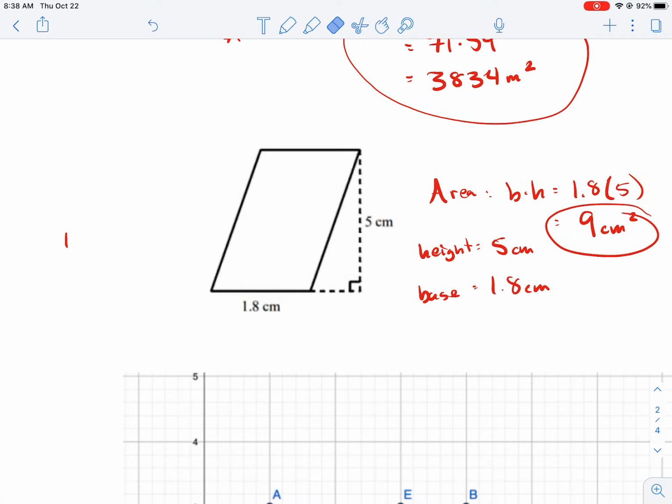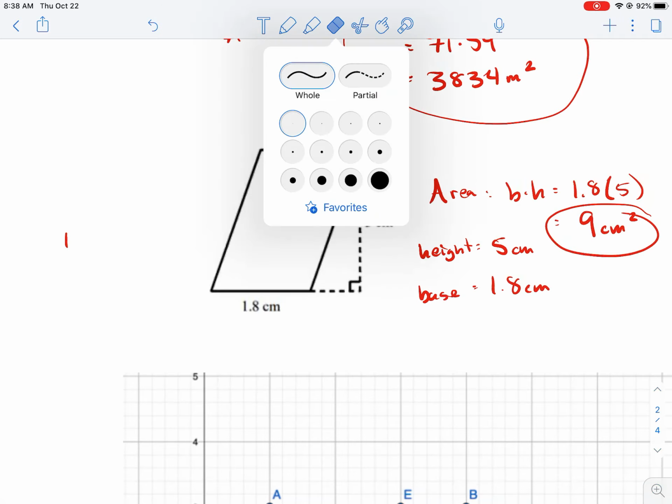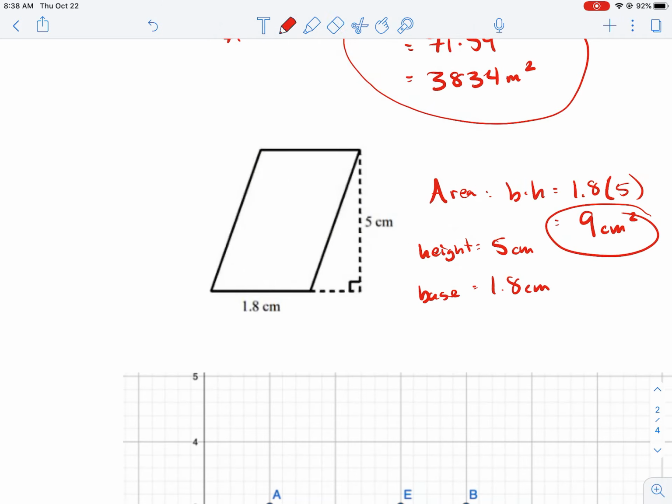we don't have enough information to find our perimeter. They don't tell us what our slant is, and there's no way of us knowing what this length is right here. We could find it if we had it on a coordinate graph, right? If we had some actual plot points.